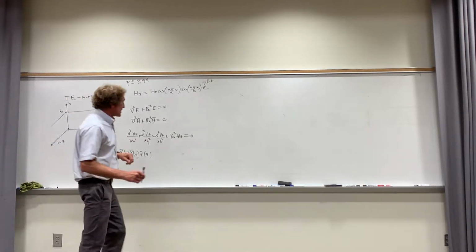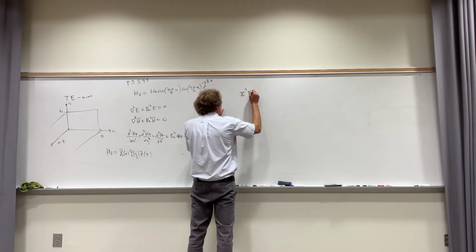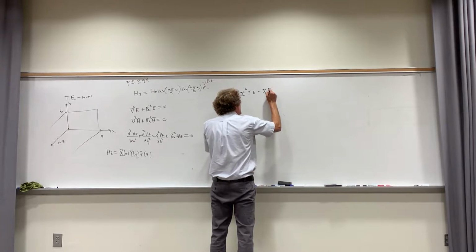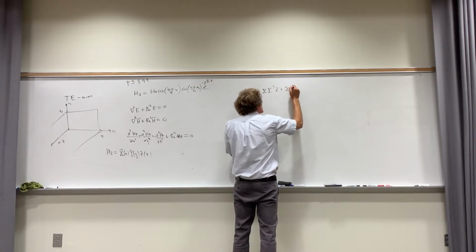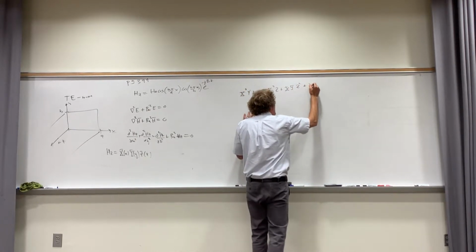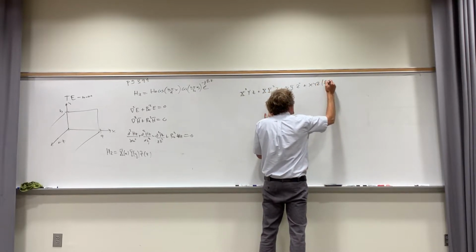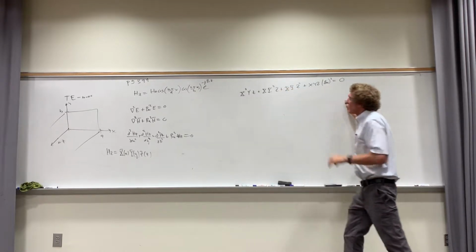So two derivatives on X makes this X double prime times YZ, plus X Y double prime times Z, plus X times Y times Z double prime, plus X Y Z times beta unguided squared equals 0. You all know what I'm up to, right?